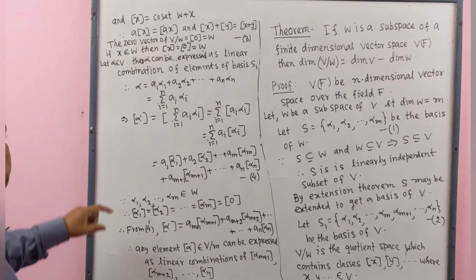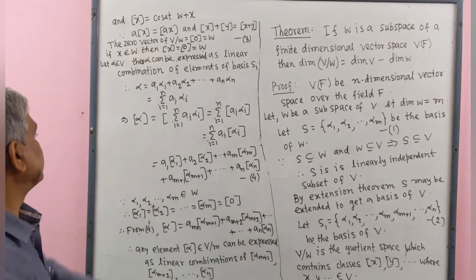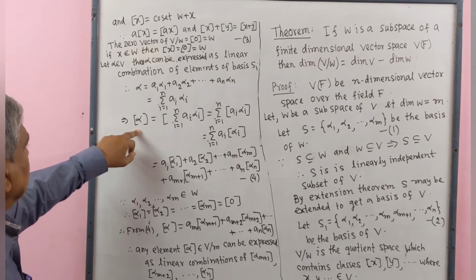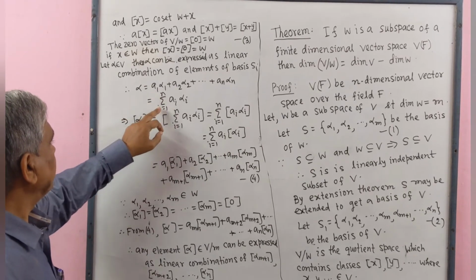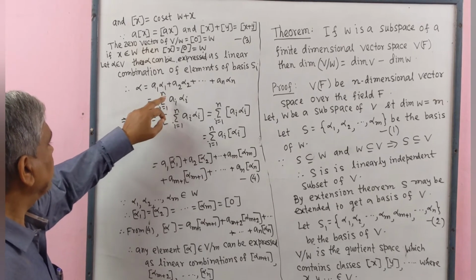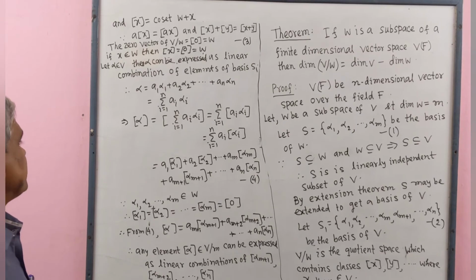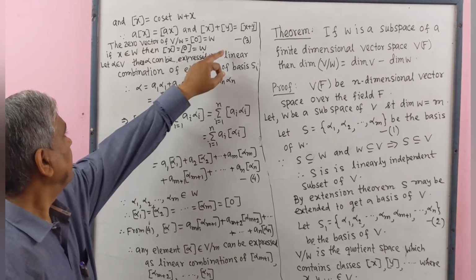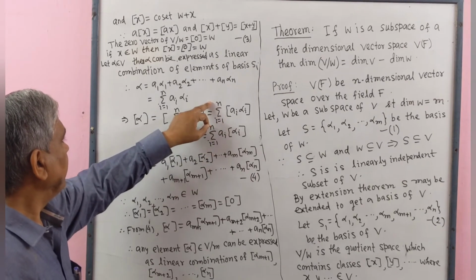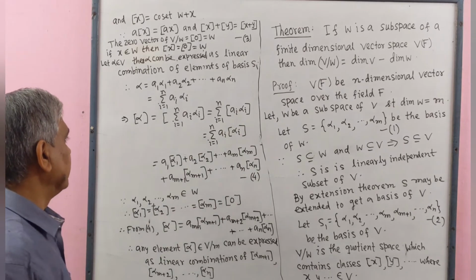Now we take the class on both sides. On the left side, alpha class, and on the right side, the class of sigma i equal to 1 to n ai alpha i. This means, from 3, sigma i equal to 1 to n ai alpha i class.